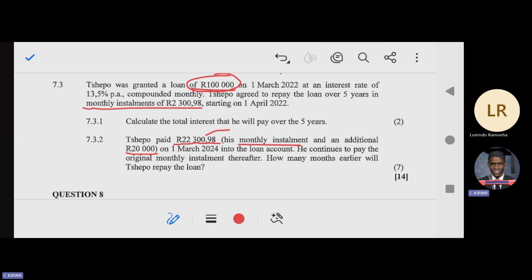Then we subtract this 22,398 minus the amount which should have been left after the 2 years. Then we form a repayment so that we can see how many months earlier he is going to finish the loan, which means it's no longer going to finish after 5 years. It will be less than 60 months since he has paid more. So we want to see by how many months we are going to subtract the installment. Okay. All right, let's go for it.